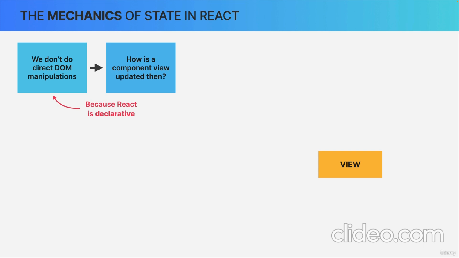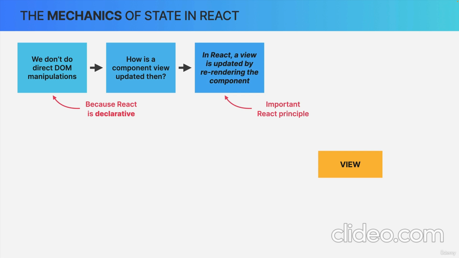Now we already know that the answer to this question is state, but here we are trying to derive it from first principles. So to answer that question, we need to understand another fundamental React principle, which is the fact that React updates a component view by re-rendering that entire component whenever the underlying data changes. Now, as soon as we reach the section about how React works behind the scenes, we will learn exactly what happens inside React when a component re-renders.